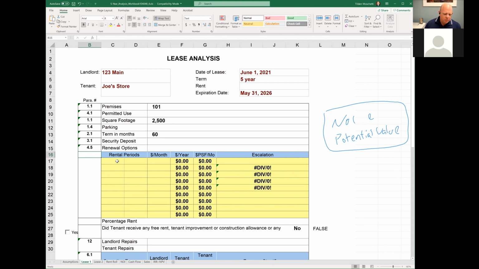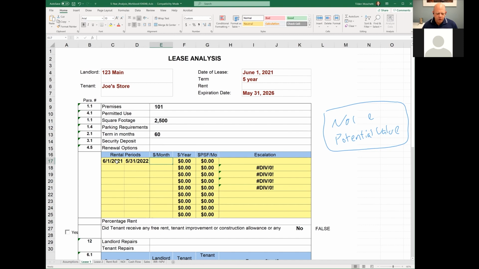And now we've got a rental period. So let's say in year 1, 6/1/2021 through 5/31/2022.